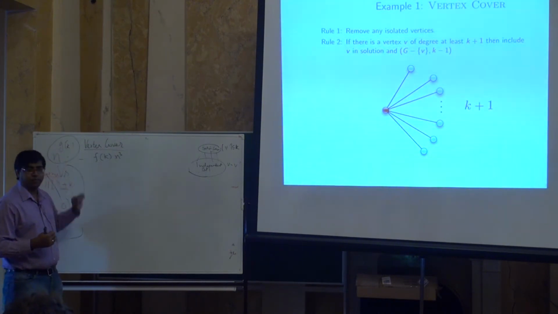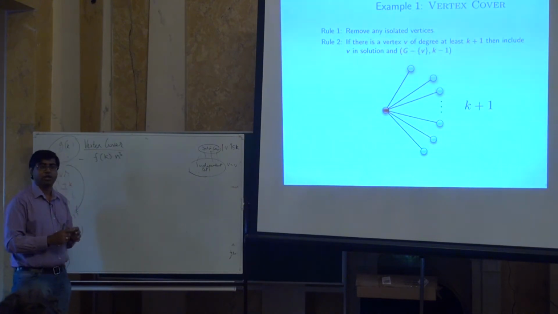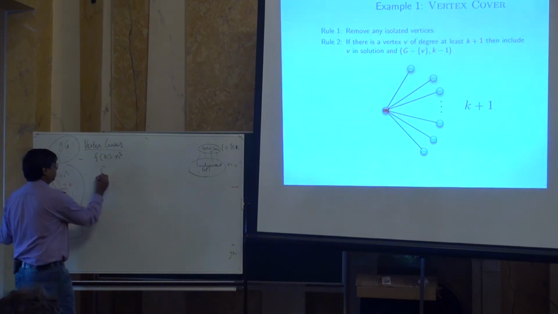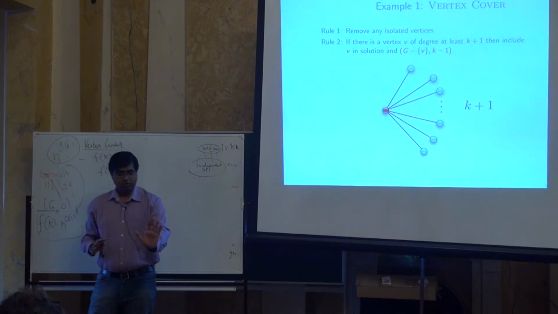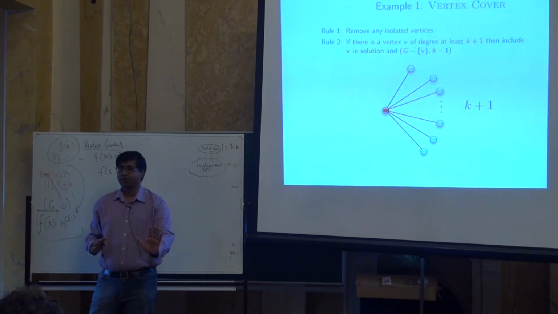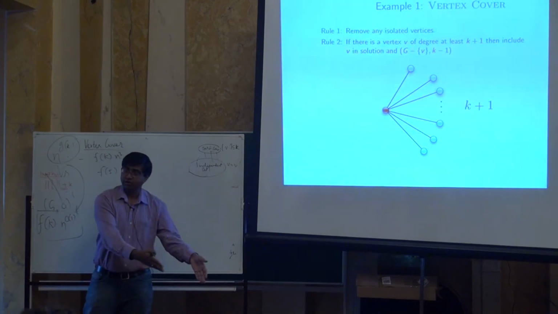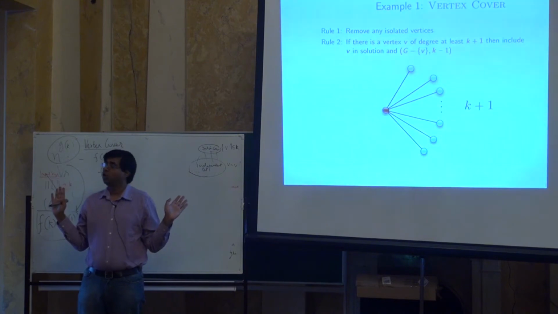What this algorithm basically said is, if you are looking for a vertex cover of size k, then if a graph does not have a vertex cover of size 5, then the following kind of graphs cannot exist in your graph. Now, what are these graphs? No one could see, no one knew.